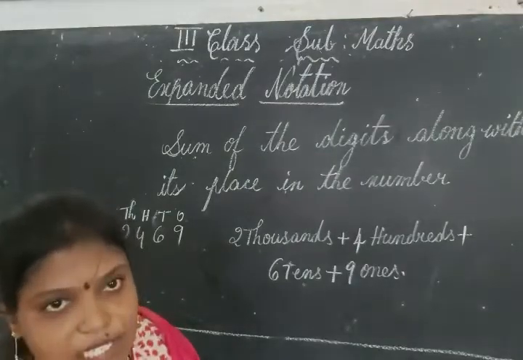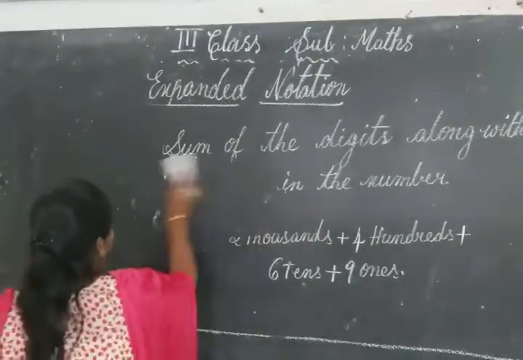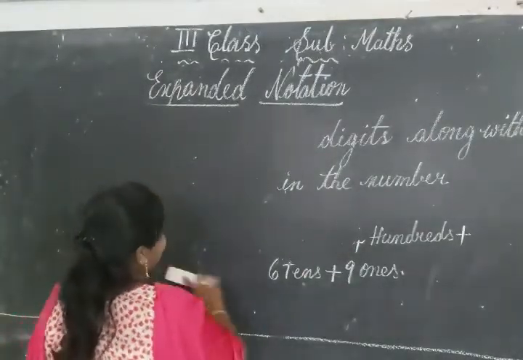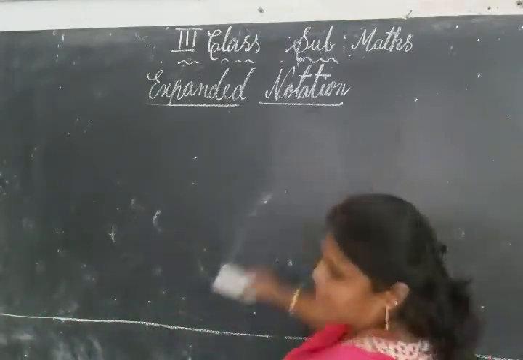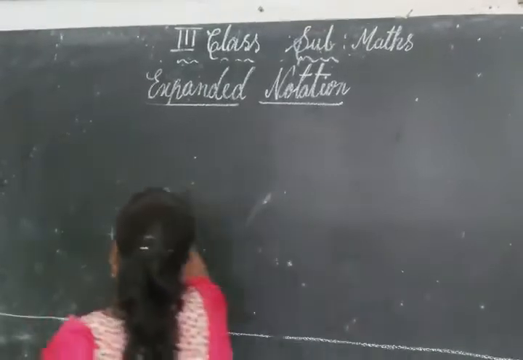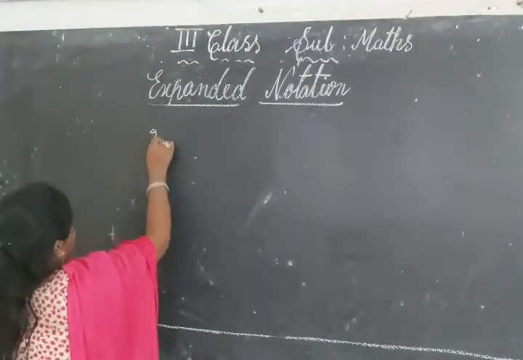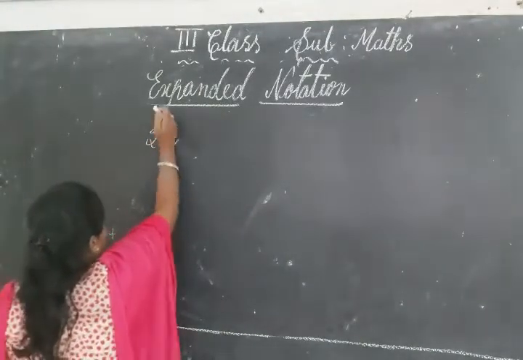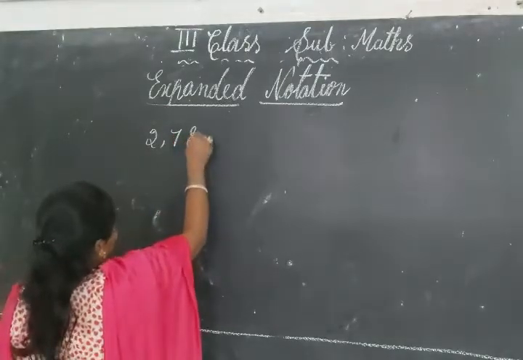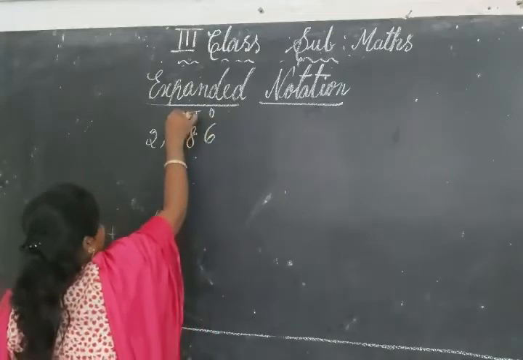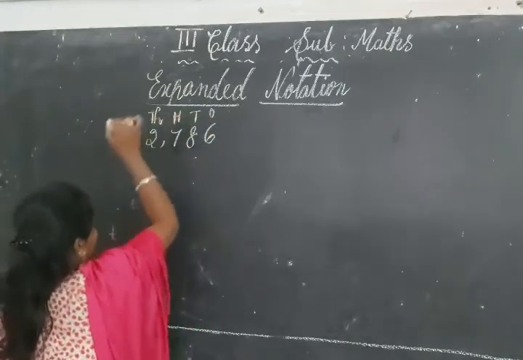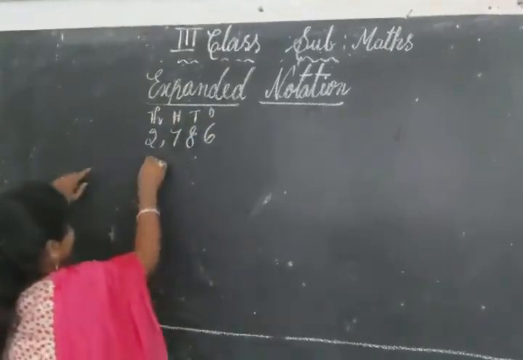So children, do you understand? Let's see a few more examples for this expanded notation. Let's take the number 2786. So children, tell me what is the place value of 2?